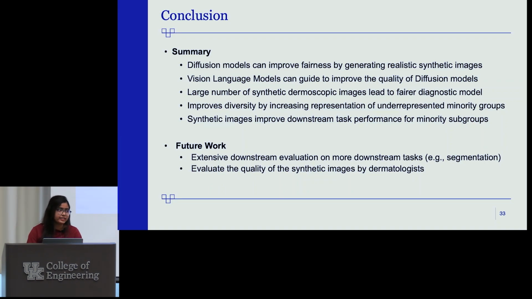Also, integrating the classification module improves the quality of the synthetic images, and these synthetic images can improve downstream task performance for any subgroups. And in future, we plan to do a more extensive evaluation on segmentation tasks too, and we also plan to evaluate these synthetic images by dermatologists.